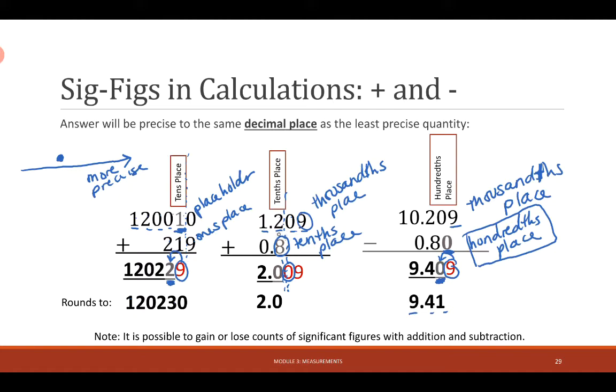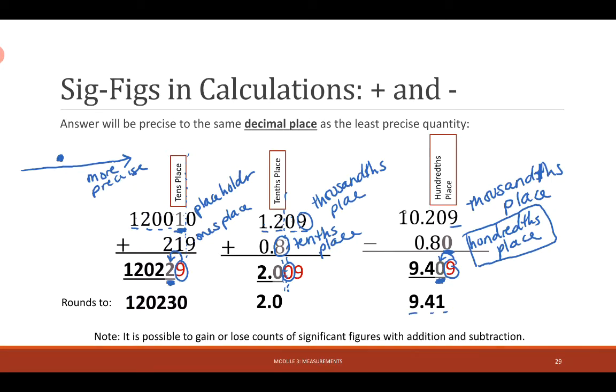If we look at this one, our first number has 1, 2, 3, 4 sig figs. This one only has 1 sig fig, yet our answer has 2 sig figs. And so if we were trying to base this off of counts, we would get our answer incorrect. So we are looking at decimal places, not counts.